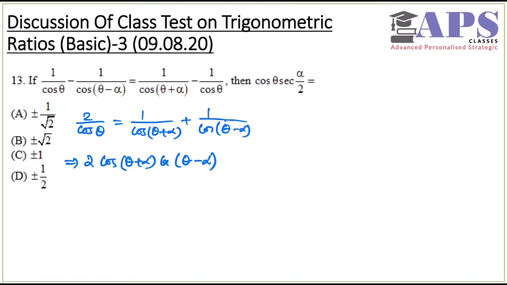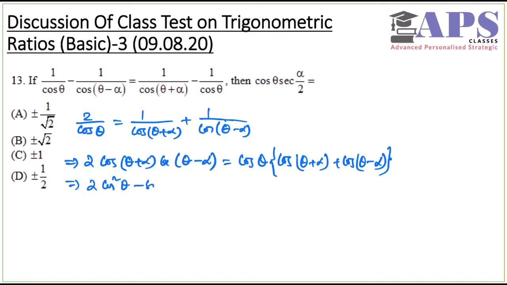After cross multiplication, this side we will have cos theta into cos of theta plus alpha plus cos of theta minus alpha. So now this is nothing but 2 cos square theta minus sine square alpha. This side we will have cos theta into 2 cos theta cos alpha. So one of the 2 is cancelled, and there is a cos square theta.